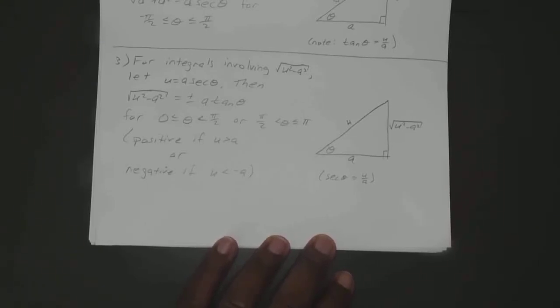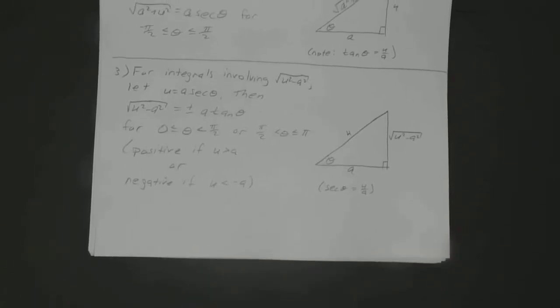Yes? This was on the test we just took, right? Nope, this one wasn't, because it's a little bit different. The top two were? Or am I misremembering? No, it's a little bit different. It's really close, and I'll show you how it's different. They did involve that square root of u squared minus a squared, but for the secant one, you had the 1 over x, and those two u's had to match.